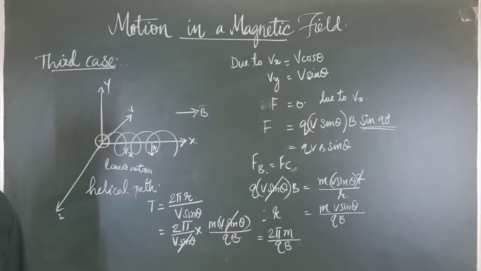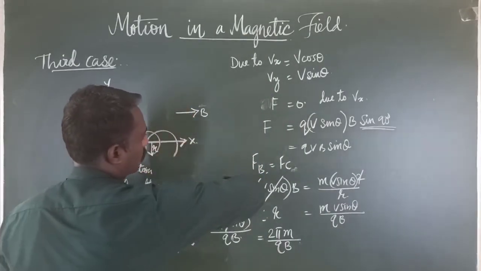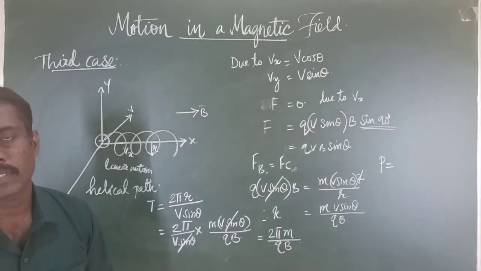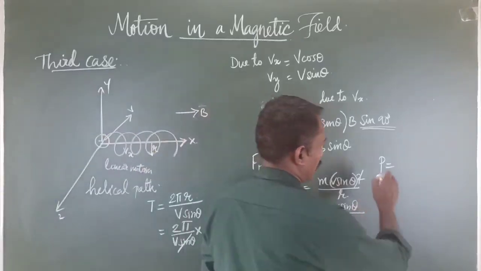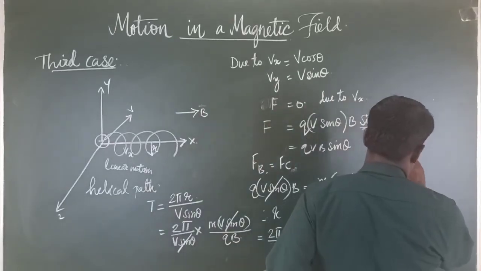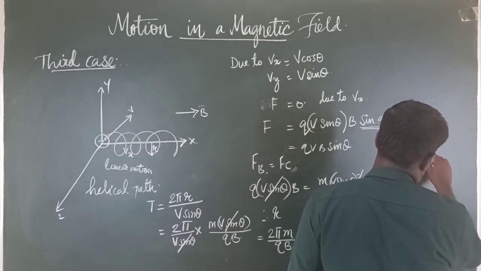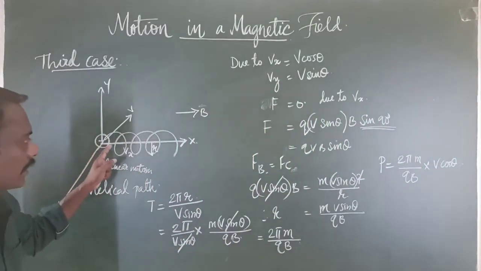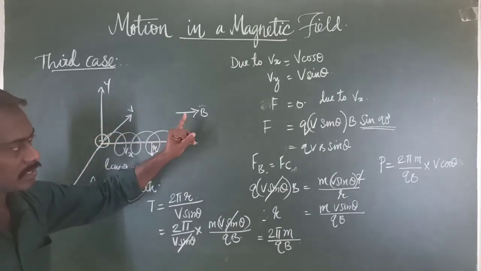So pitch is equal to the time period of the charged particle times the velocity component, that is 2 pi m divided by q B into v cos theta, along the x direction. The distance travelled by the particle along the x direction is the pitch.